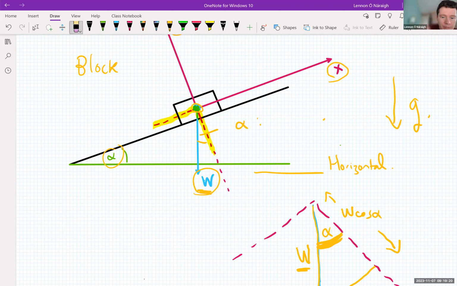So again, rubbing out the intermediate steps, I will have W cos alpha and W sine alpha.